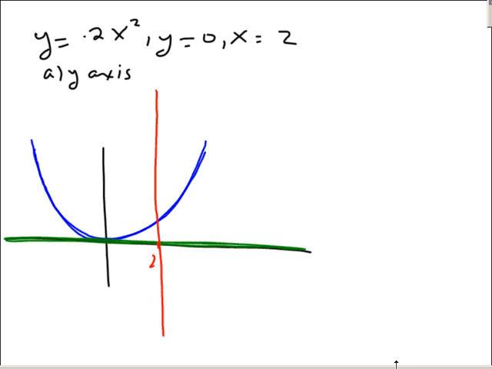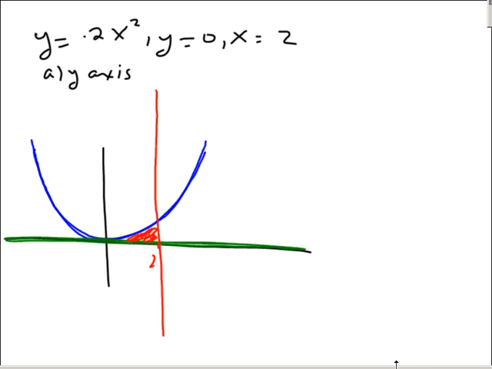Now, the question is, which area is trapped between these three curves? Between the red curve, the green curve, and the blue curve. And the answer is this region right here.